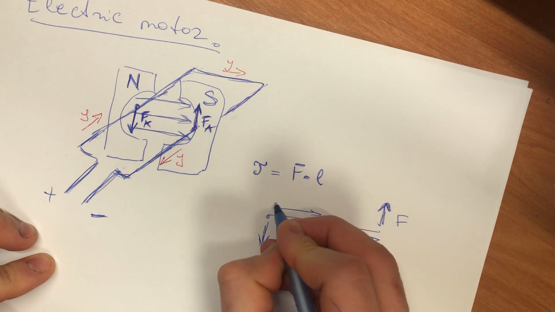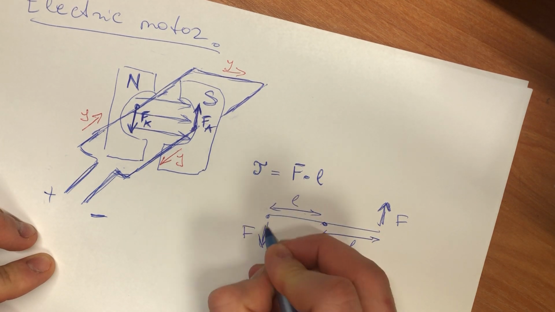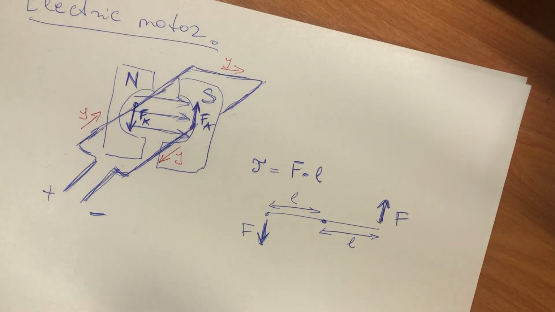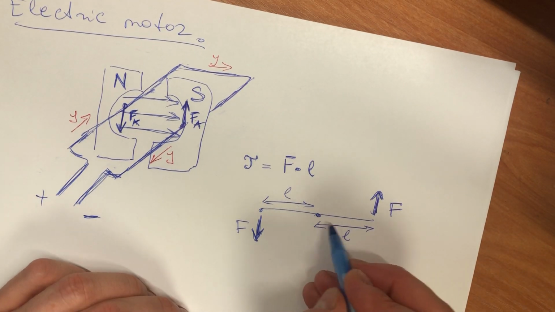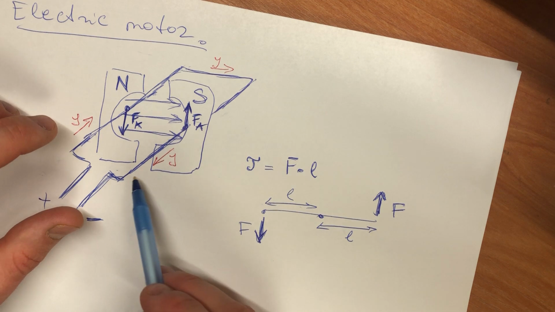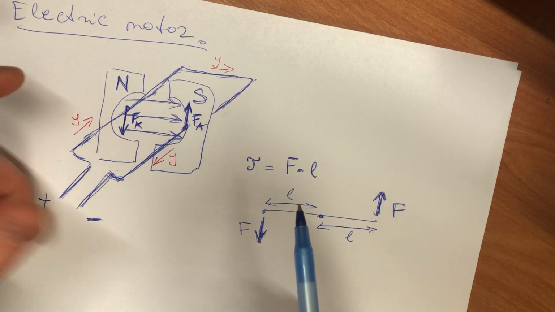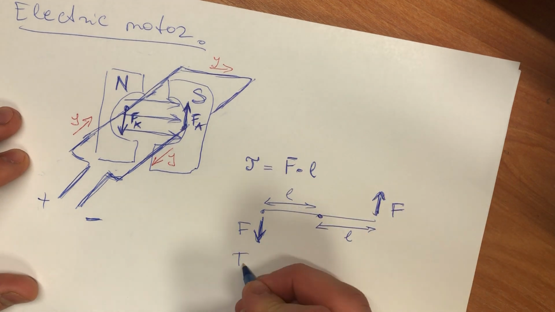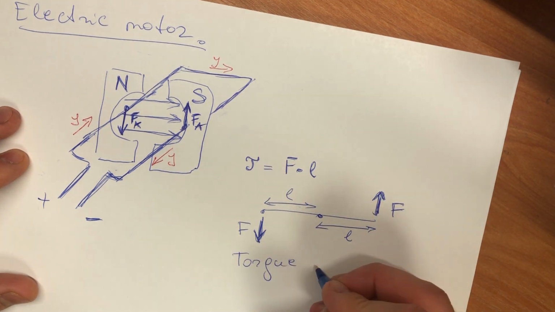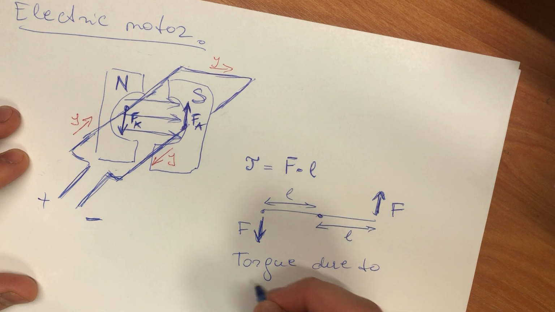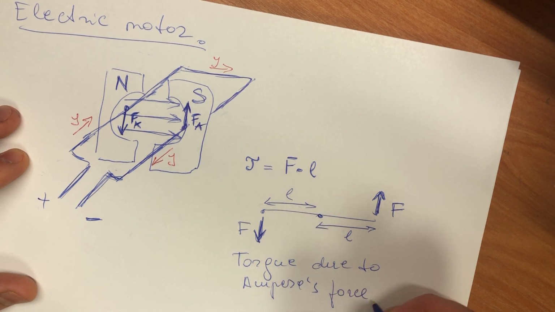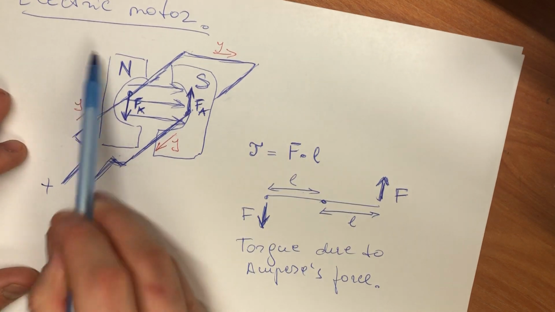Here the torque would be this length and the force, because these are equal forces. So the analysis simplifies. It means that this rectangular loop is turned. So there is a torque due to Ampere's force. So that's how electric motors work.